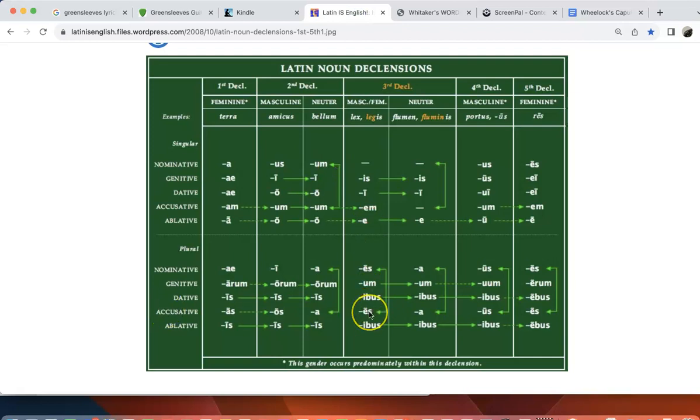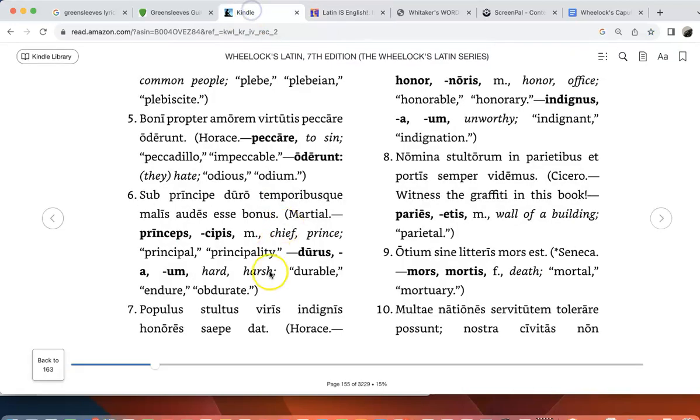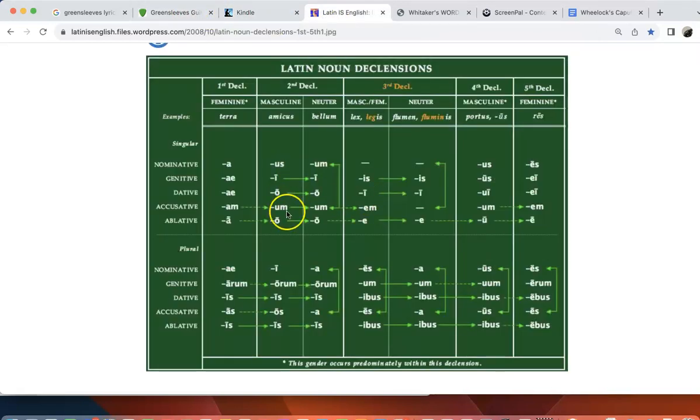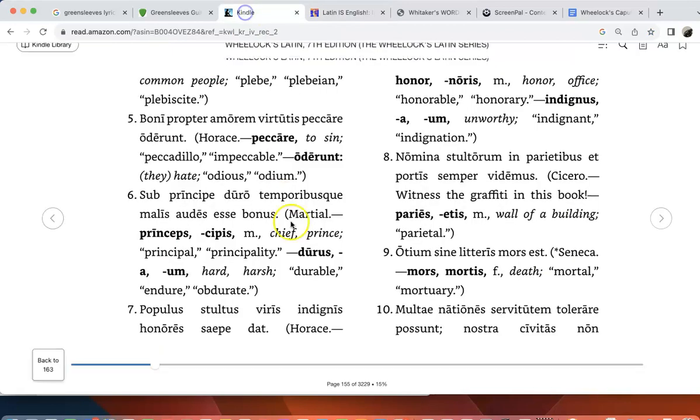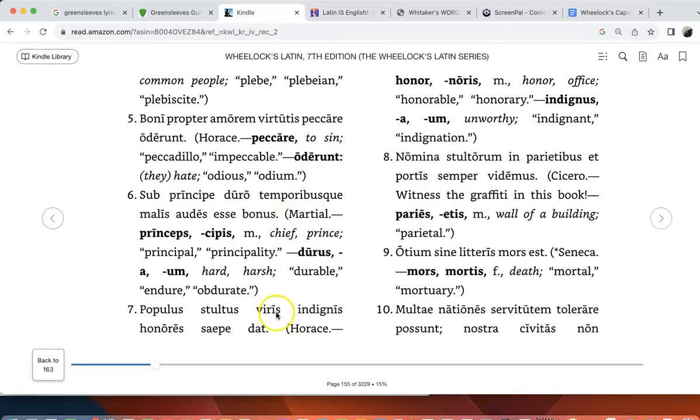You can see that is accusative plural, that's the direct object. But then we're giving these honors to whom? That is the dative. And so we're going to go back to our dative here, and then men. So viris indignis, and to or for whom. And so there we go.